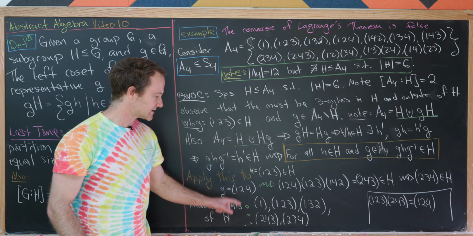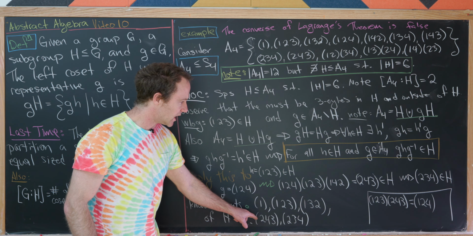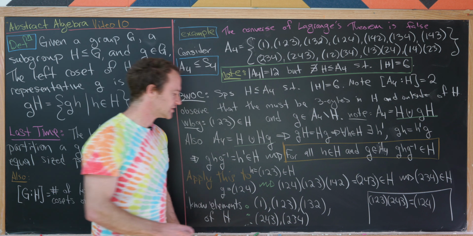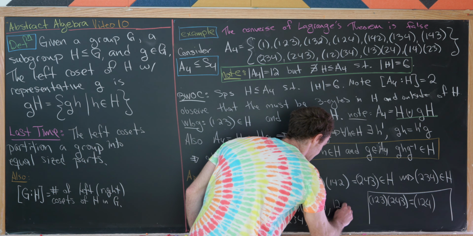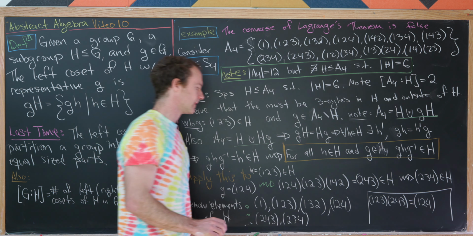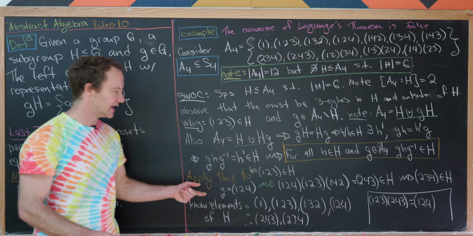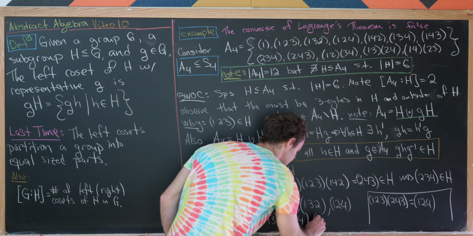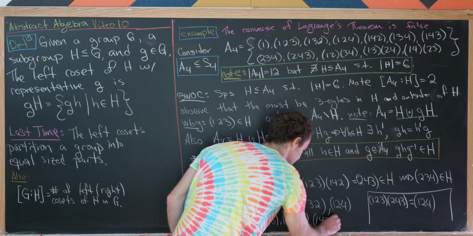Okay, but since, like I said, (1 2 3) and (2 4 3) are in H, that means (1 2 4) is in H. So let's put that here, (1 2 4). Oh, but (1 2 4) is in H, so that means its inverse is in H. But its inverse is (1 4 2).